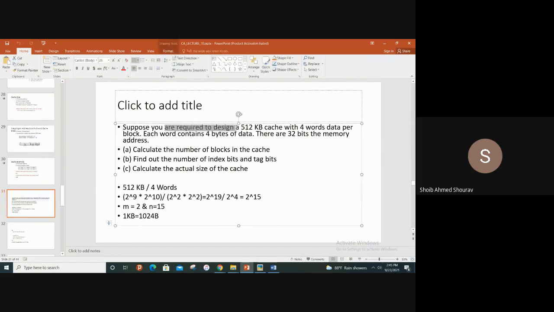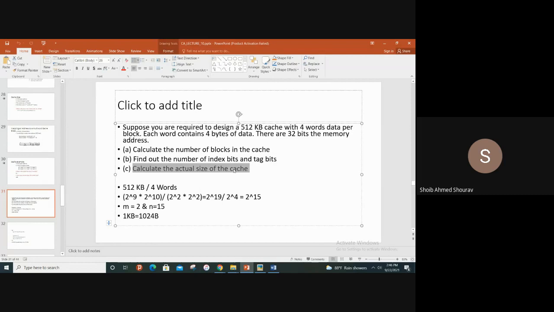Suppose you are required to design a 512 kilobyte cache with 4 words of data per block. Each word contains 4 bytes of data. We know that there are 32 bits in the memory. Calculate the number of blocks in the cache, find out the number of index bits and tag bits, and calculate the actual size of the cache.